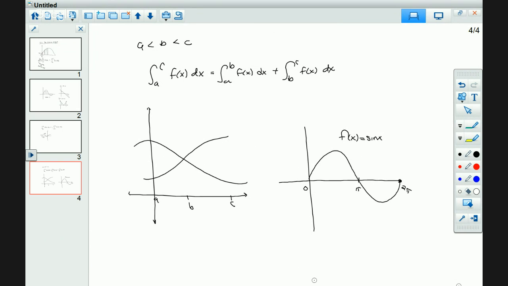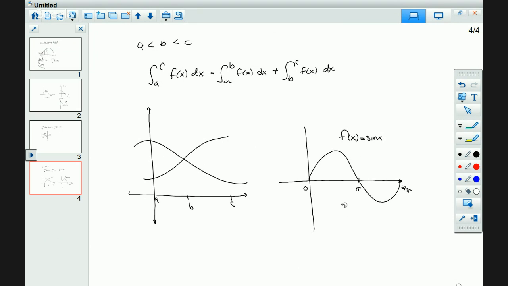If you take the integral, it's cosine 2 pi minus cosine 0, you get 1 minus 1, 0. It automatically works. Where it doesn't automatically work is when you have dual curves and stuff. You do not have to split that up.